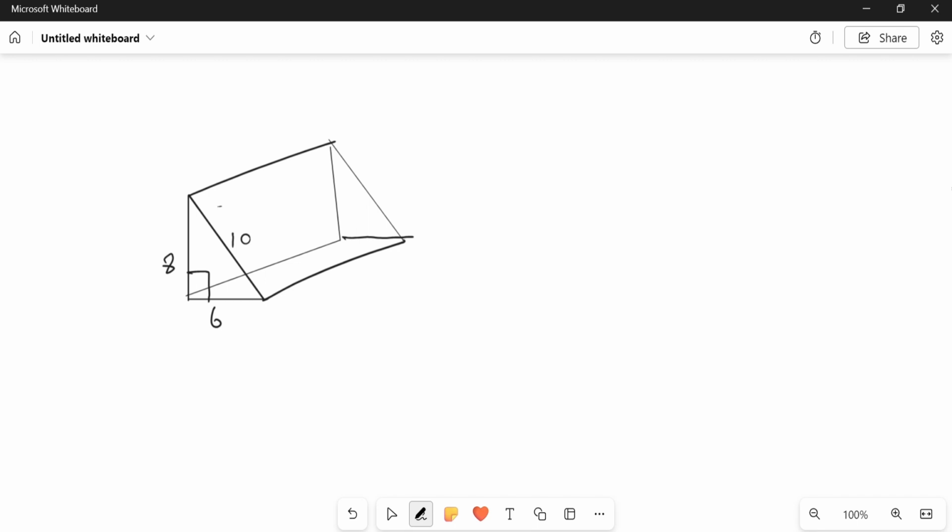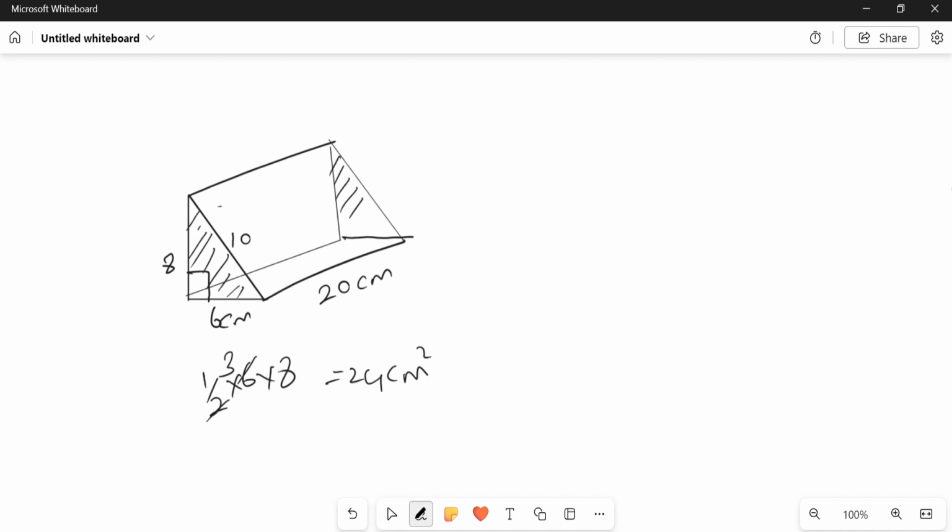Therefore this is 10. Let the length be 20 centimeter. Since it is a right angle triangle, the area of the right angle triangle face is half into 6 into 8, which is 24 centimeters squared.